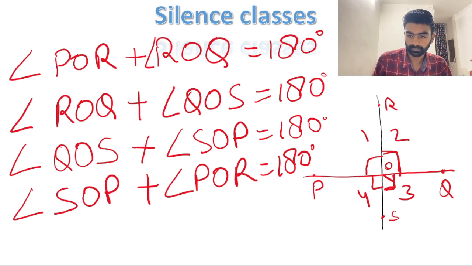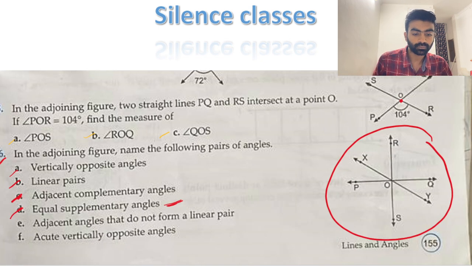So the next one is adjacent angles that do not form a linear pair. It means we have to find the adjacent angles which do not form a linear pair. It is very easy to find adjacent angles that are not making a linear pair.